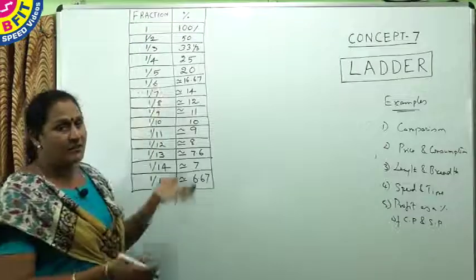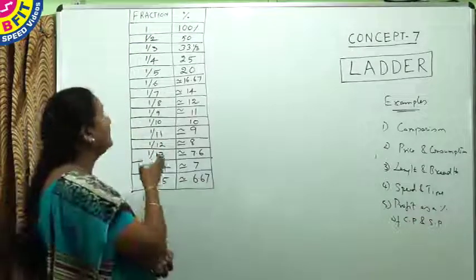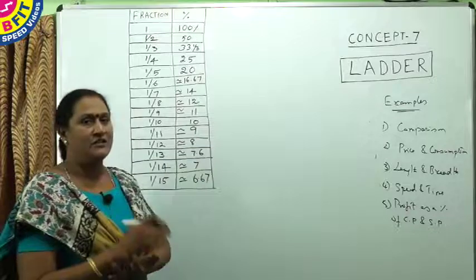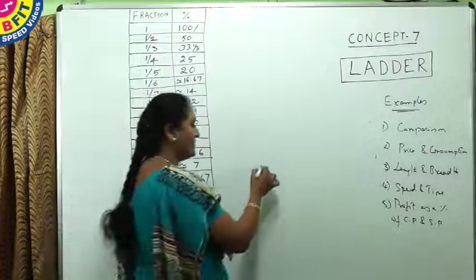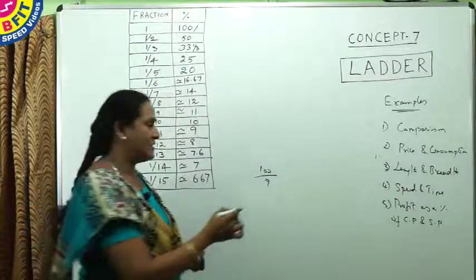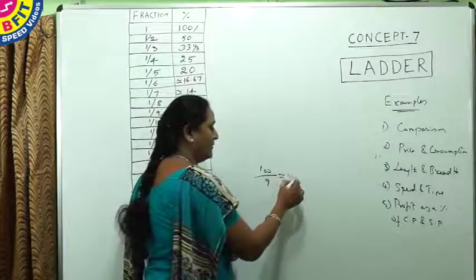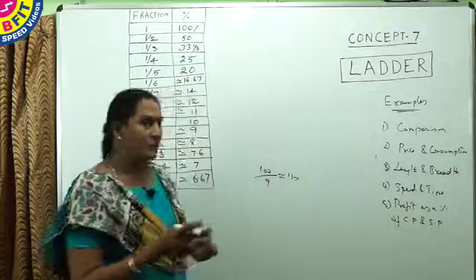This is worth remembering also. You can use this comparison between fraction and percentage for a division shortcut also. And I have always told you, whenever you have a single digit in the denominator, with this we can find the percentage. So 100 by 9, it is 11%. Unless you have a single digit, no need to use 100.